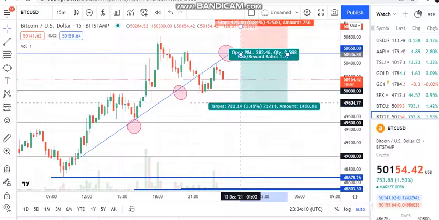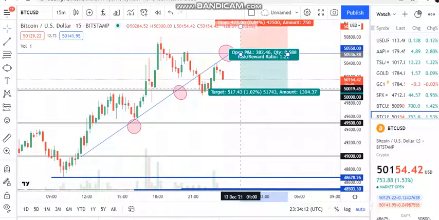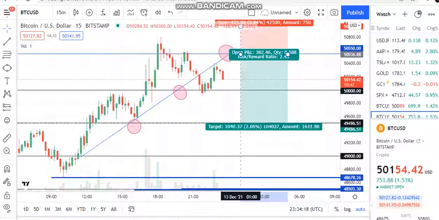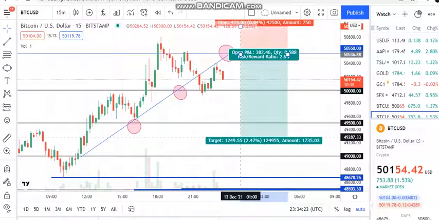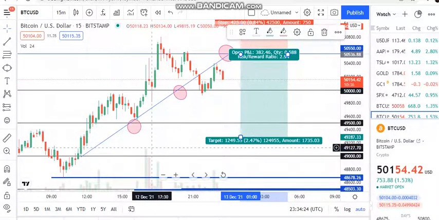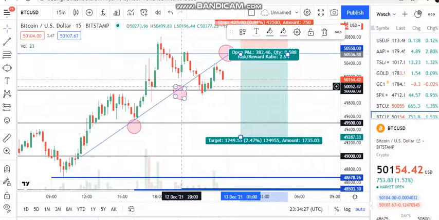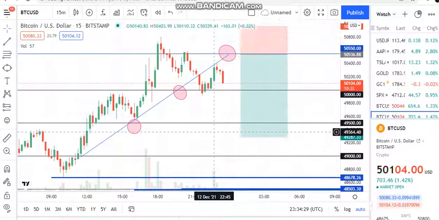Okay, so price will either go from 50,500 to point B, all the way from point B to point A. Boom. Back to point A, right? Point A, point B, point C. Boom.